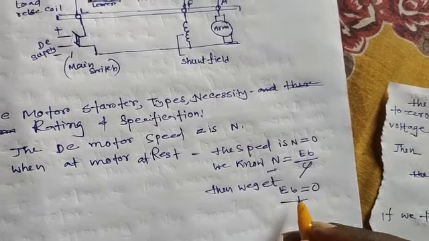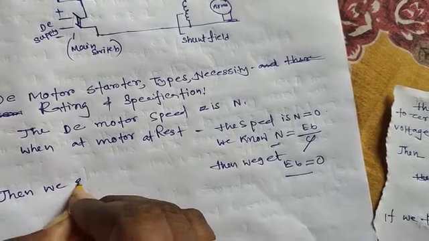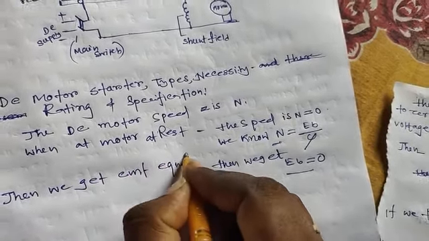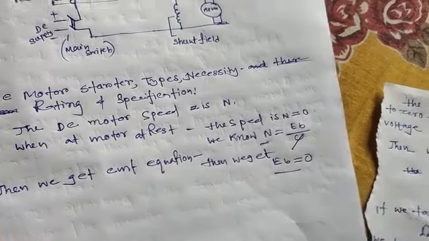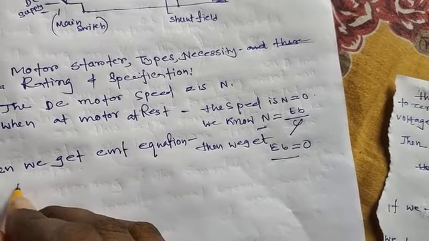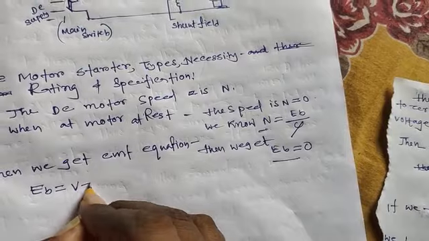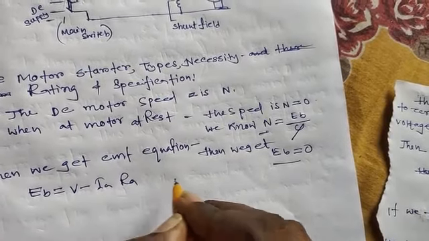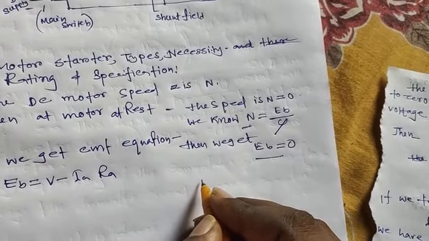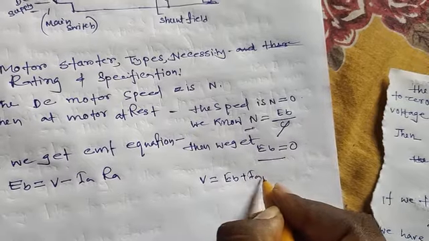Okay, then we get the EMF equation. From the equivalent circuit diagram, we know V is equal to EB plus IA RA.